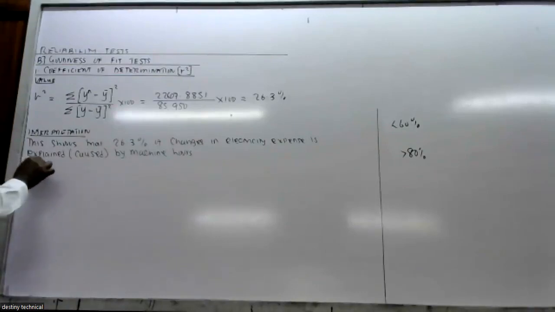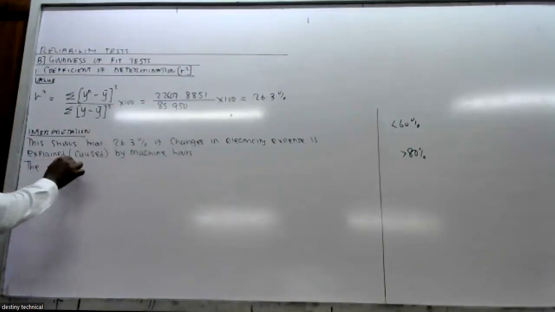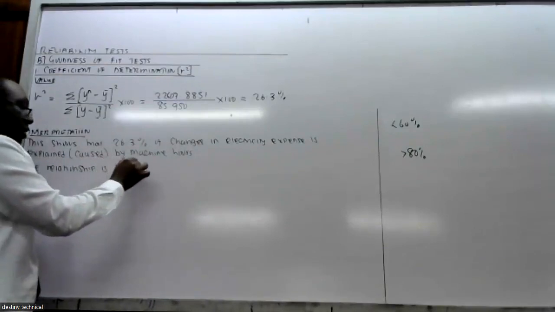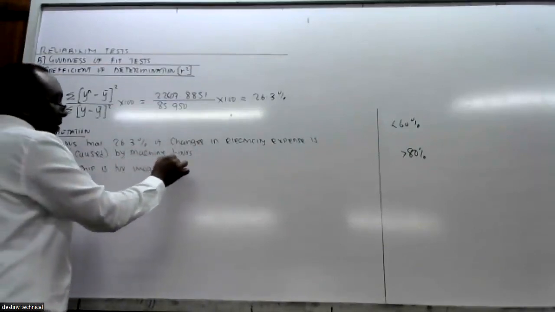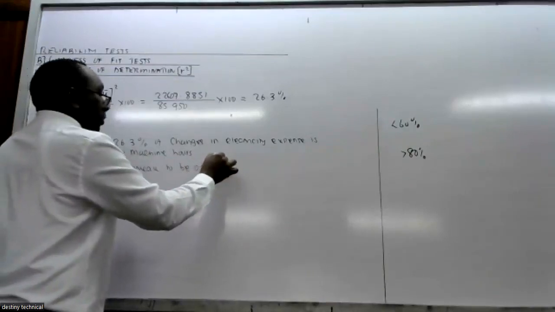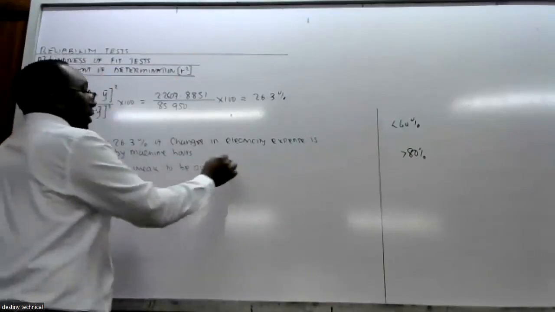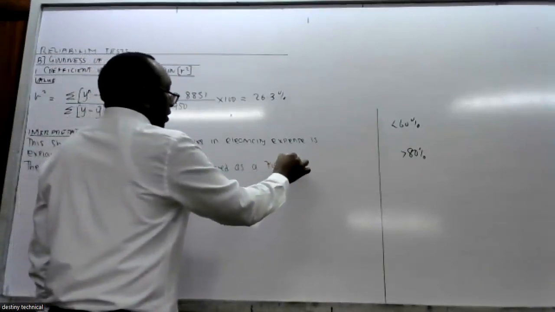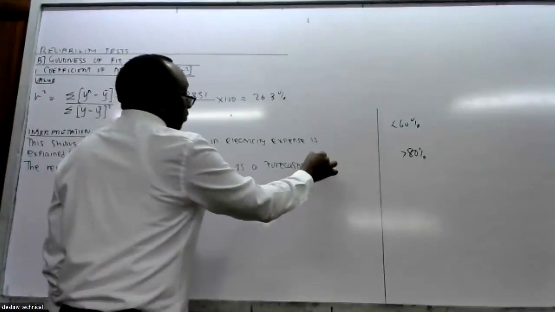The relationship is too weak to be accepted as a forecasting model or as a forecasting tool.